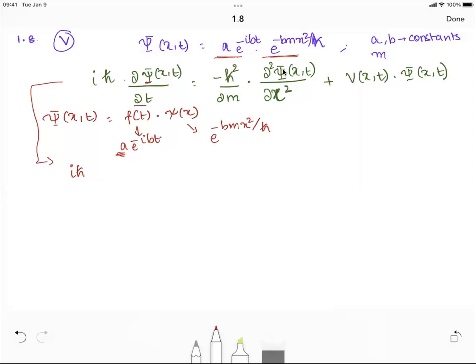Because we have a derivative with respect to time and not the x coordinate, psi of x is going to come out because it is just a constant with respect to time. And instead of using partial derivatives, we can actually use regular derivatives.